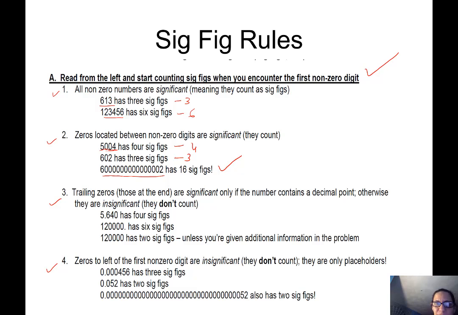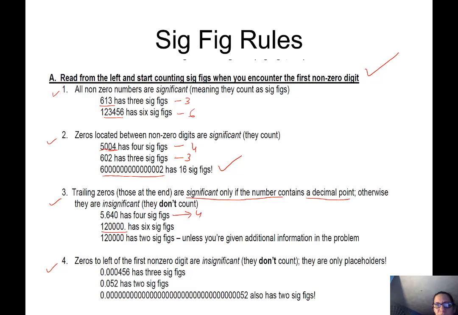Then the rule number 3, trailing zeros, those at the end, are significant only if the number contains a decimal point after. Otherwise they are insignificant, they don't count. In this case 5.640, just as I was giving you the example before, the 0 is after the decimal, so that's why it has 4 sig figs.